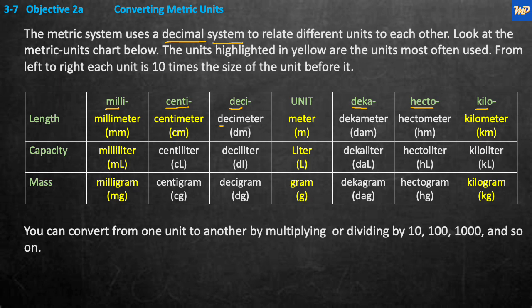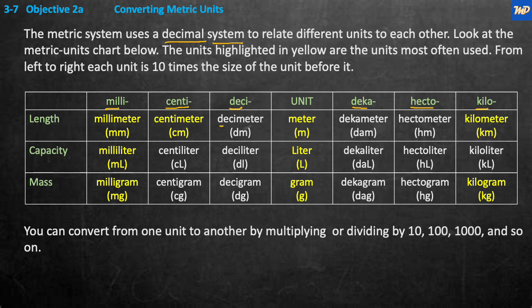A deciliter is 10 times larger than a centiliter, and 100 times larger than a milliliter, called DL, as opposed to CL for centiliter and ML for the milliliter.